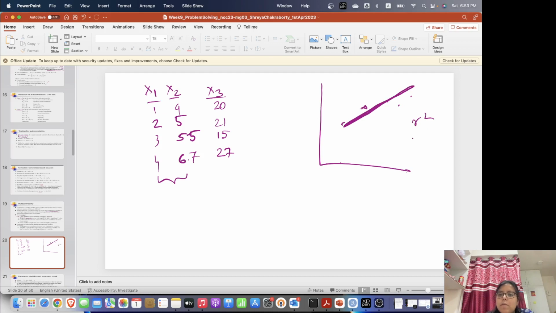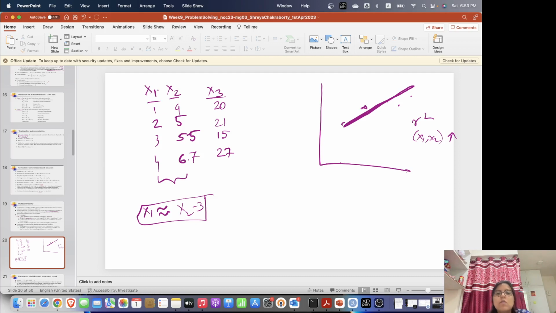So the r square between x1 and x2 is going to be high. As we can see, x1 is approximately equal to x2 minus 3. I've constructed this variable, so naturally x1 and x2 will be highly correlated.